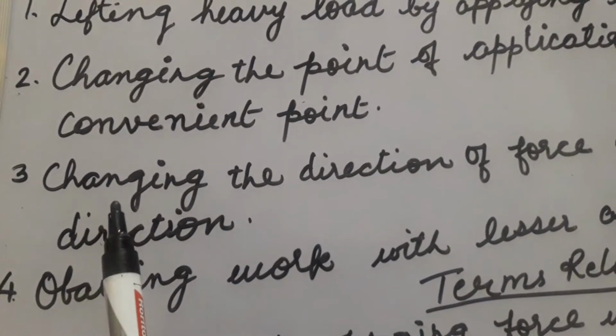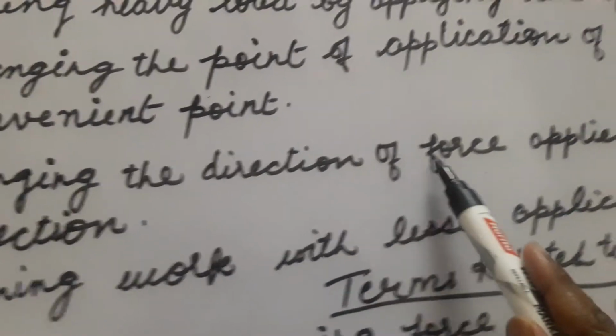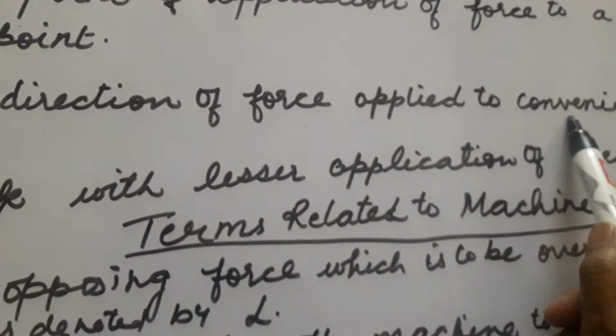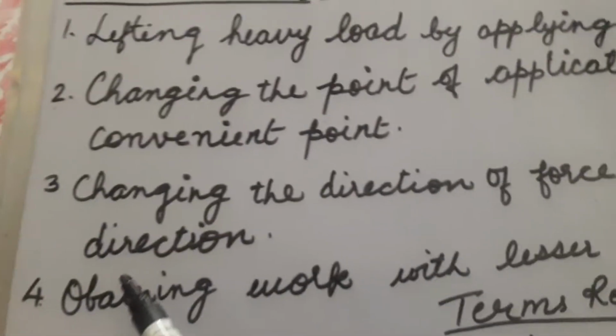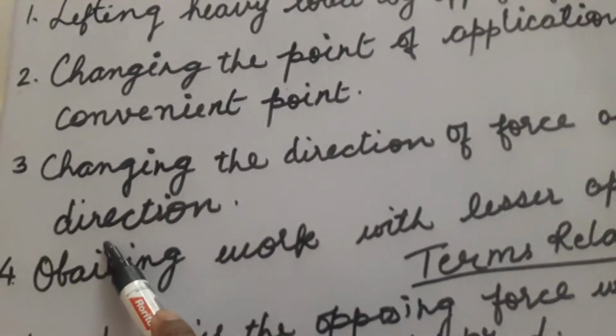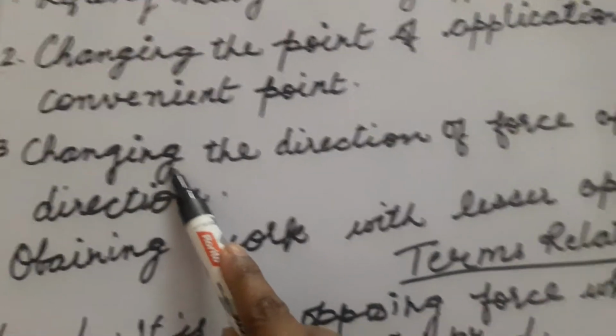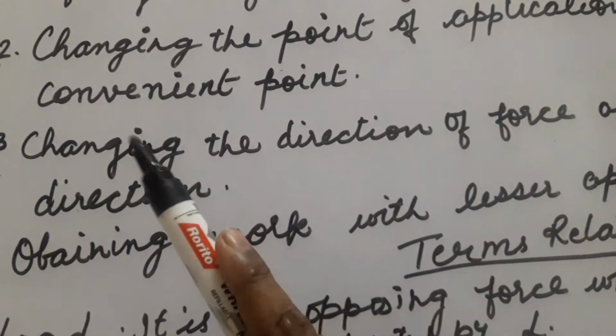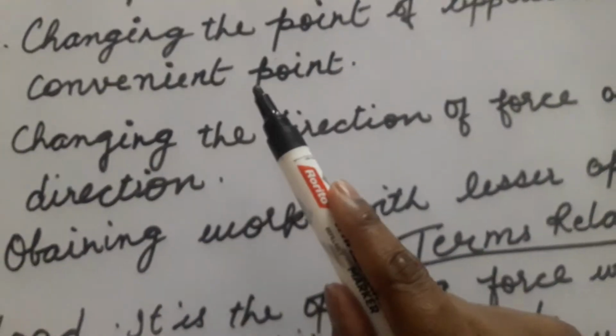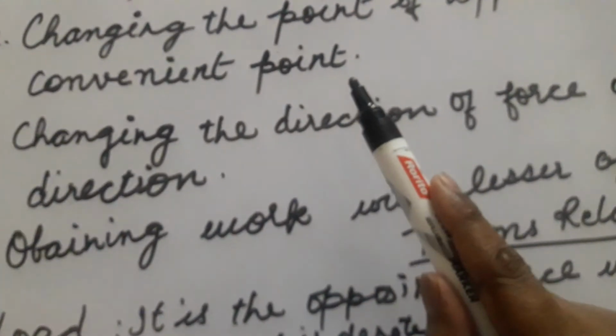Next is changing the direction of force applied to a convenient direction. If the direction is convenient. One more example I would like to give you. Pulley. Using a pulley, force is applied downward.